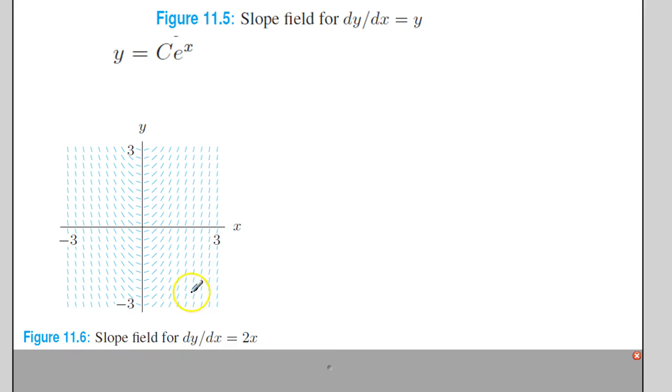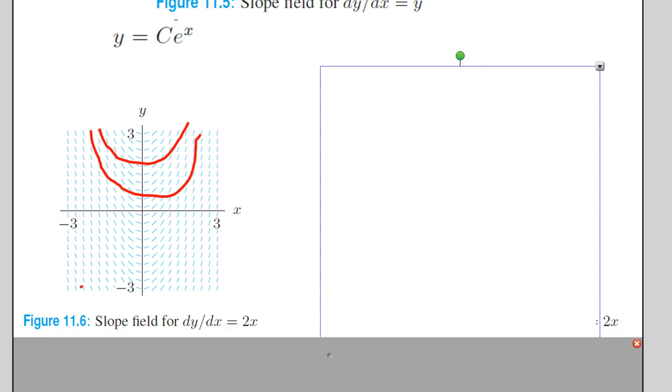In this case, we have a slope field for the differential equation, again first order, dy/dx equals 2x. As you can see, based off how this slope field looks, if I was just to pick a point and continue around in the direction of the tangent line, I would get what looks like a parabola.